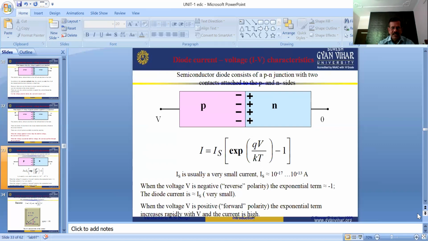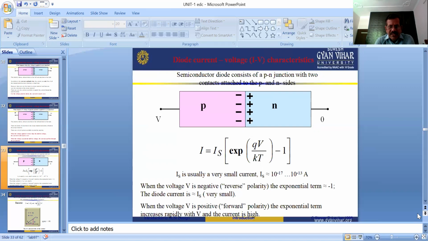Here Is is a very small current. Is is in the range of 10 to the power minus 17 to 10 to the power minus 13 ampere. This is a very small value of current.